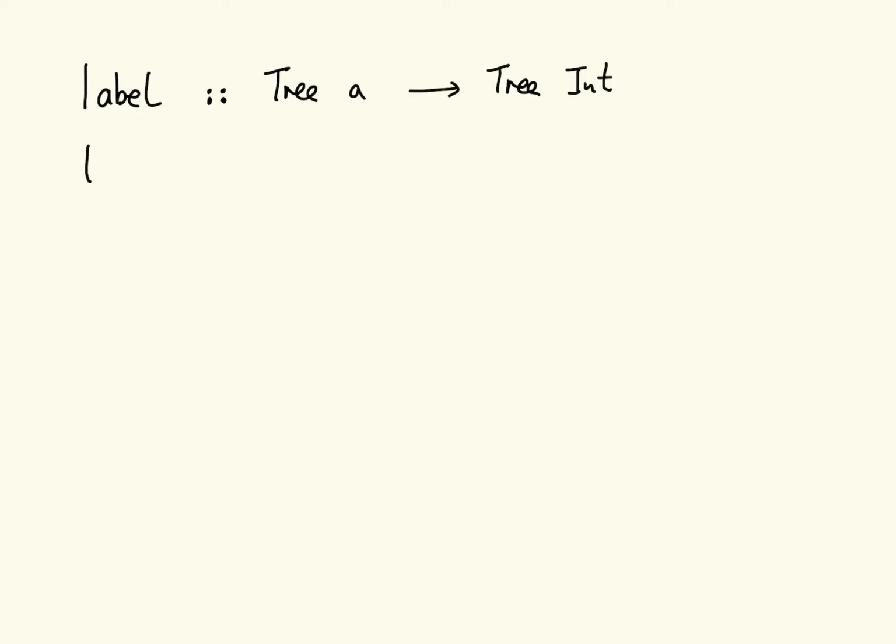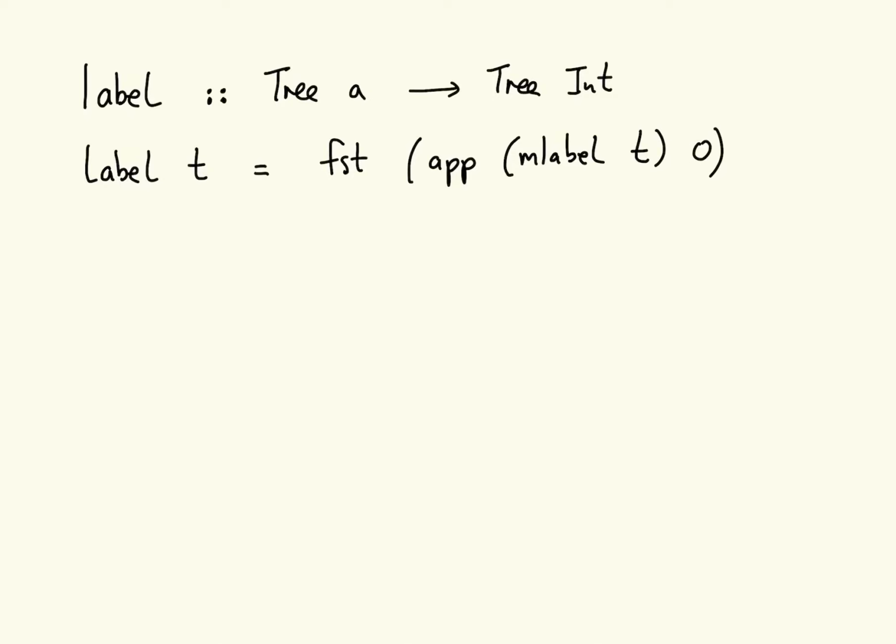So how do we write this now? We label a tree t. There are a few bits and pieces, so let me just write down the definition, and then I'll explain what is going on. So there's the definition. We're taking a tree t as an input, and that's a tree of a's.